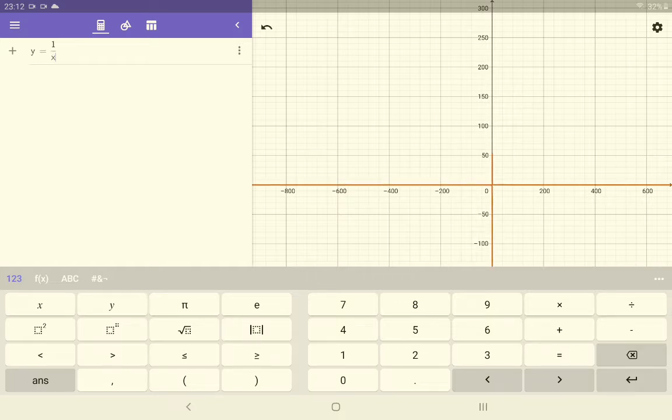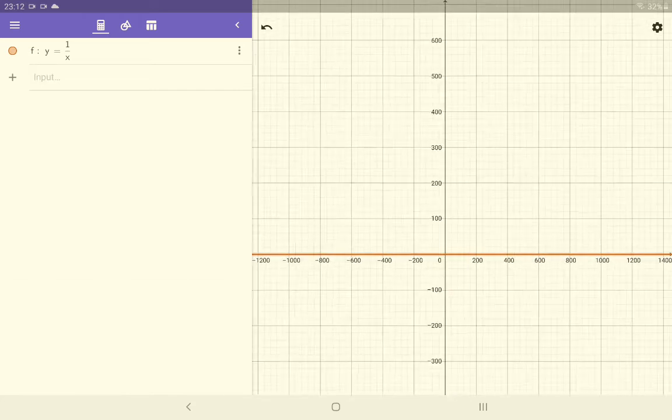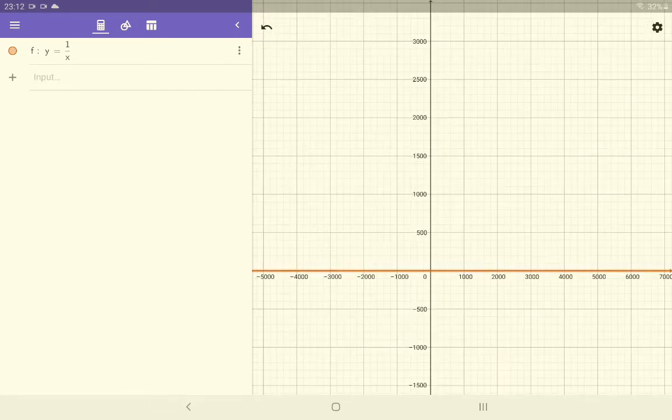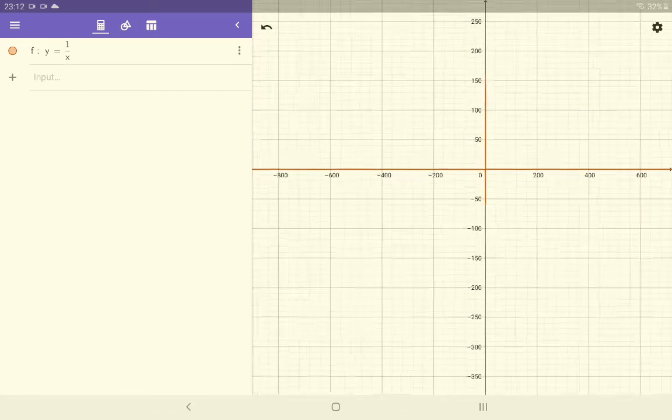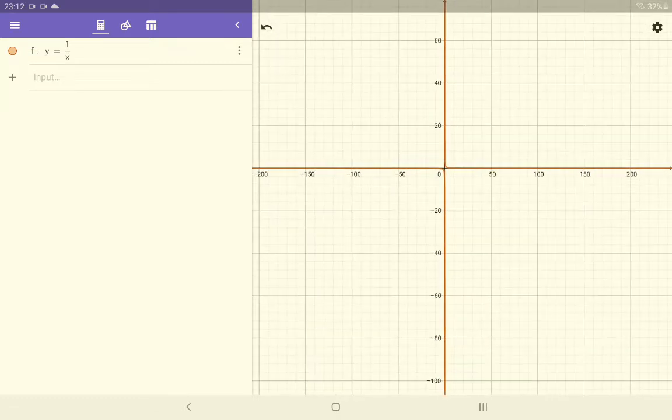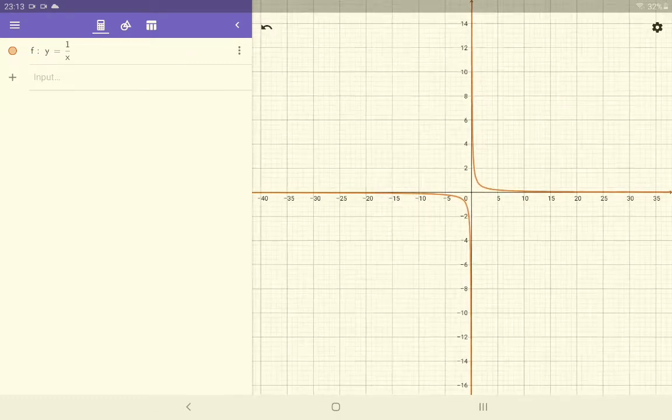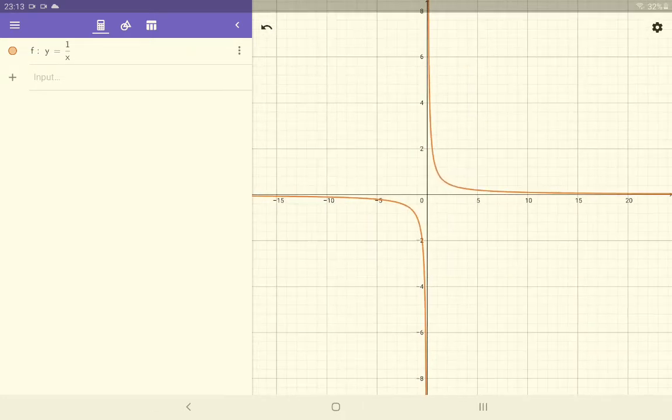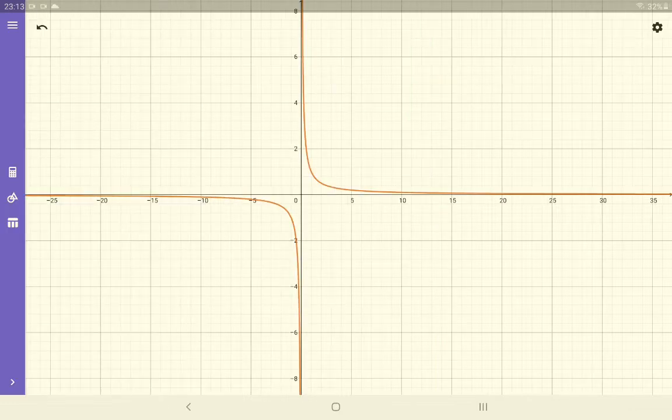If I have this kind of rational function, you can see the structure of its graph here.